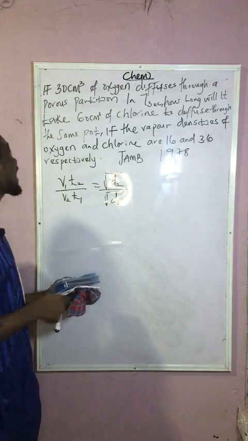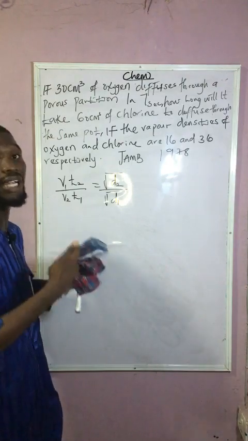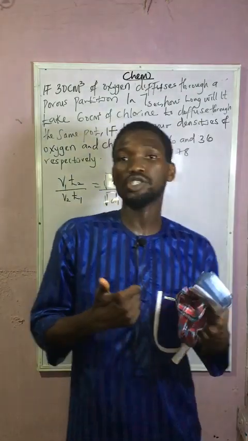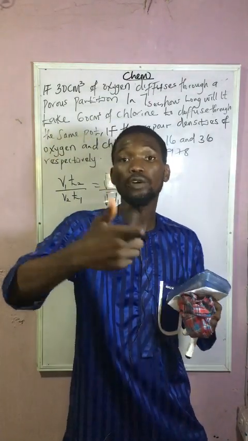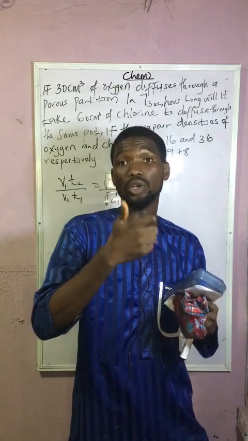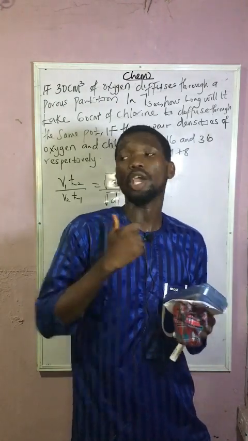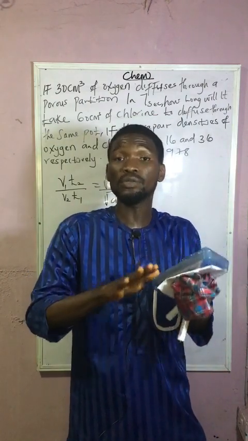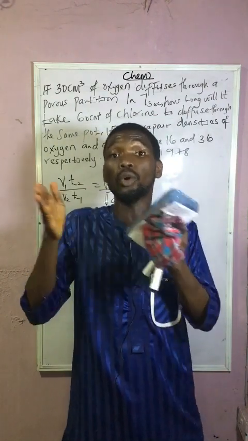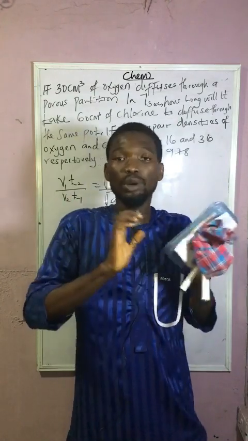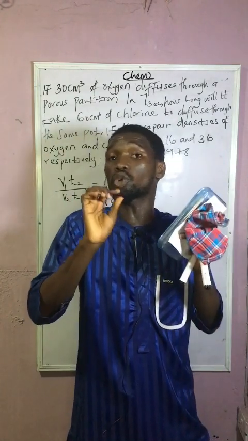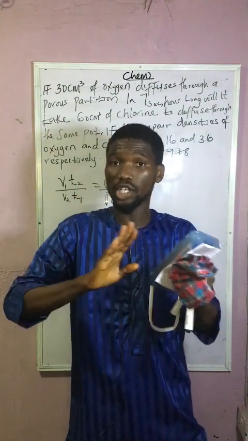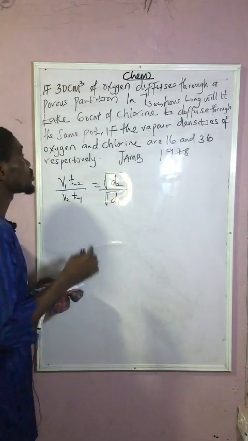What you have on the board, if 30 cm³, any value you have either in cm³ or dm³ in chemistry goes for volume, and the one we have for seconds goes for time. In a question like this under Graham's law of diffusion, if you have watched my previous video on electrolysis, I converted from hours to seconds, but when you come to Graham's law, your time is provided in seconds already, so you don't have to stress yourself converting from seconds to hours.